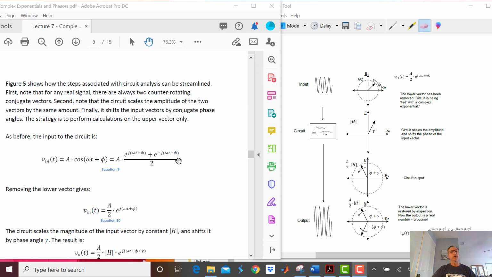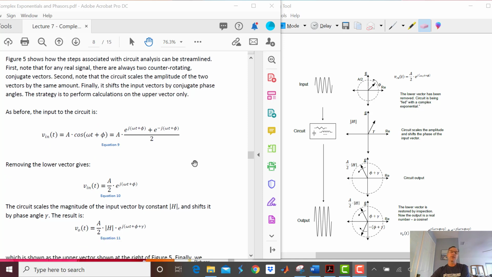So as before, the input to the circuit is going to be our A cosine(omega t plus phi), and we're going to represent that as a complex number, and it's going to have counter-rotating vectors.